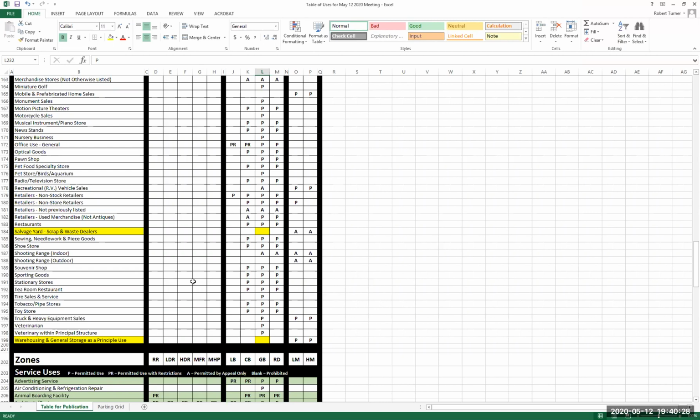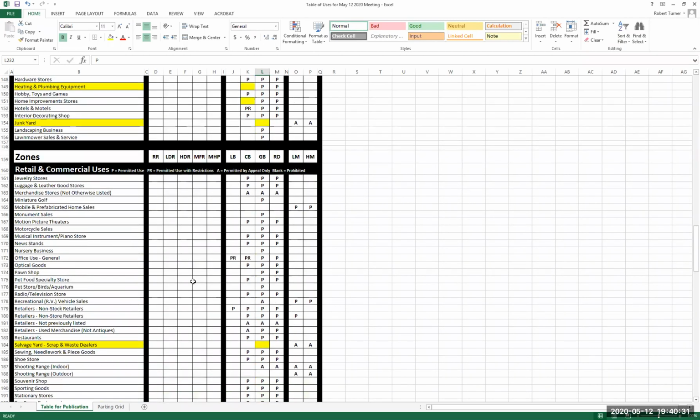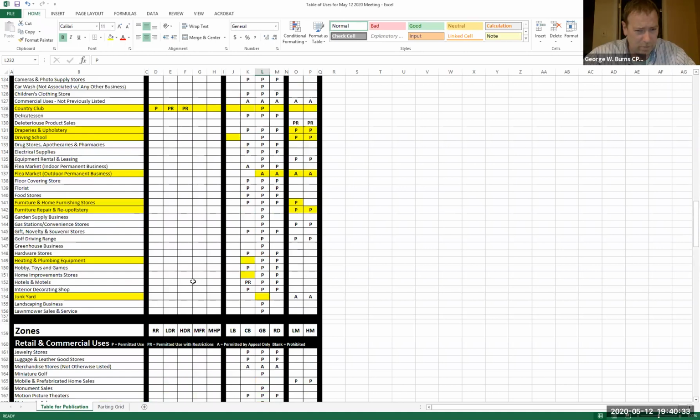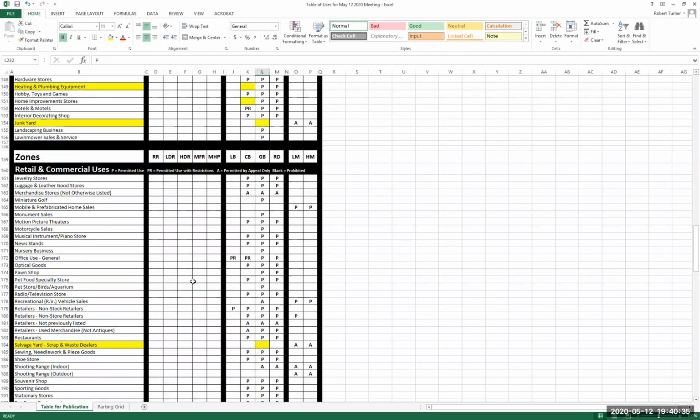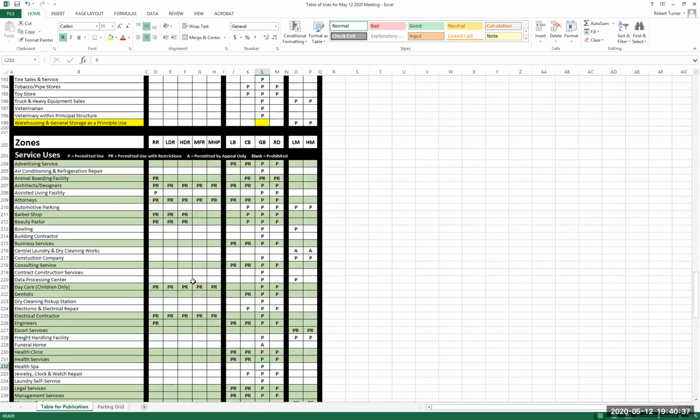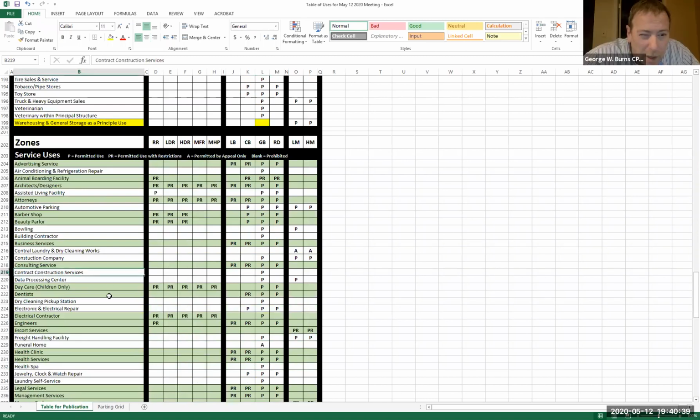Contractor construction. What's that in, services? Probably. Yeah, contract construction services. I notice you don't have that in the redevelopment district. Is that not what Mr. Morris's office is? Morris, who's that?